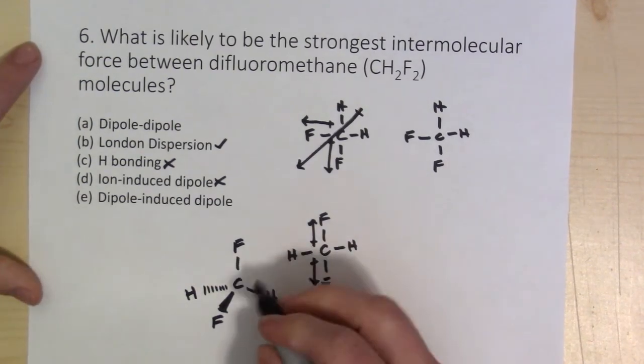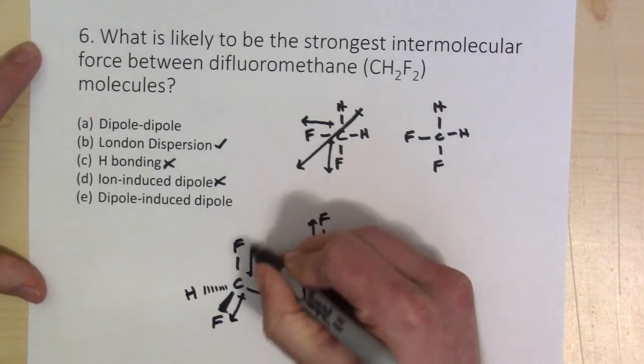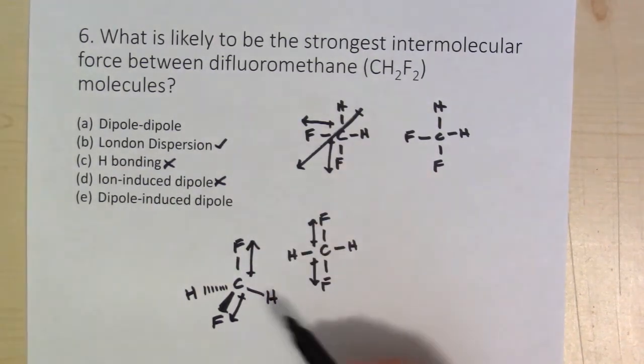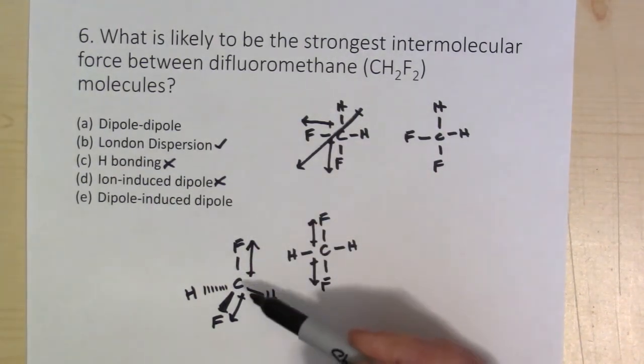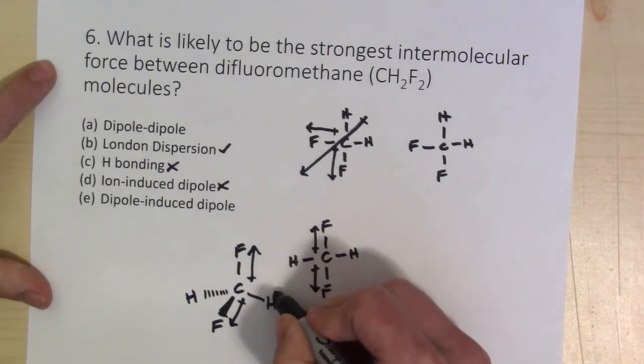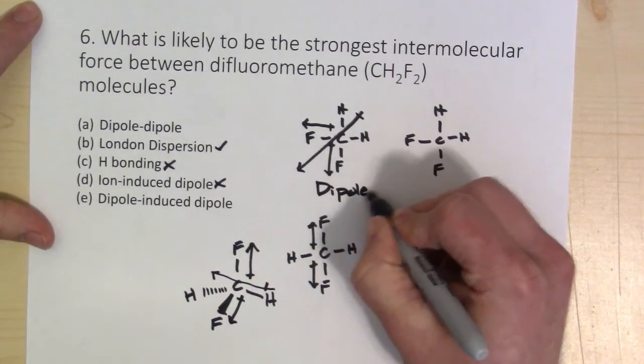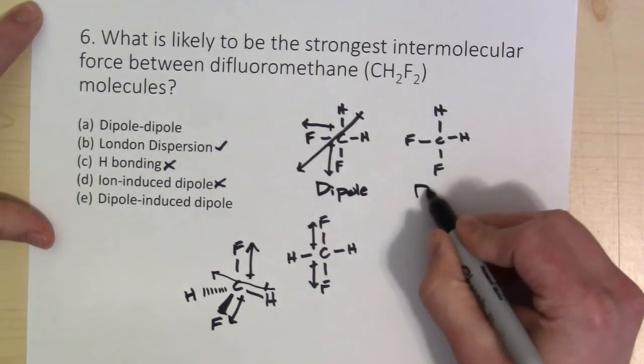So then when we draw these bond dipoles again, we can see that they aren't actually directly opposite one another. They're still at slight angles, so the molecule still does have a molecular dipole. So this does have a dipole, which of course means that this has a dipole.